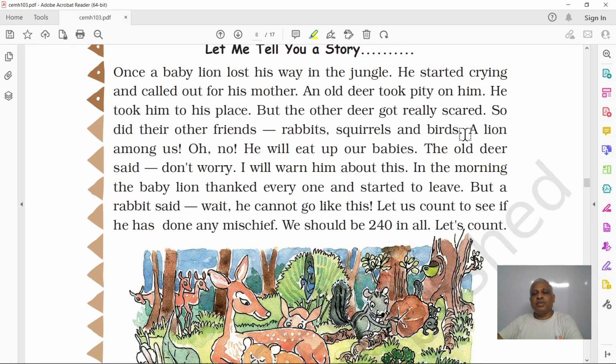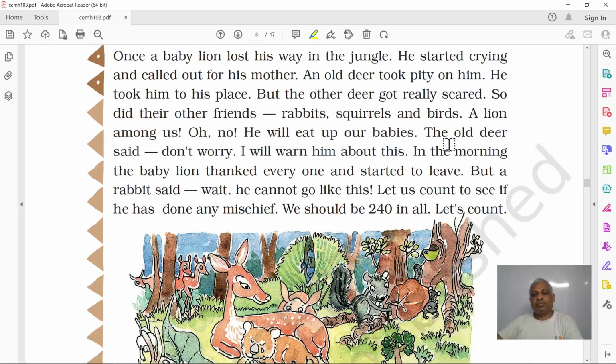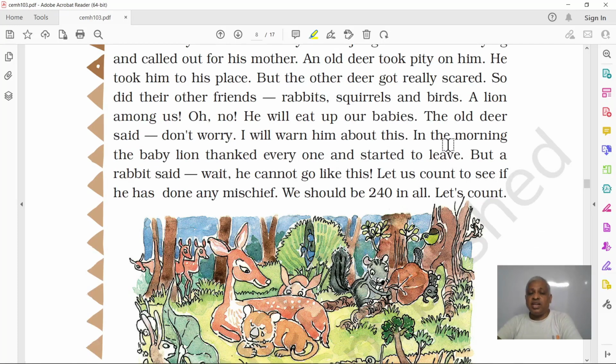Baby lion is a wild animal. Rabbits won't do any harm, deer won't do any harm to the lion, but there is a possibility that the lion can attack rabbits and deer and eat them. So it's very dangerous to keep a wild animal among them, right?